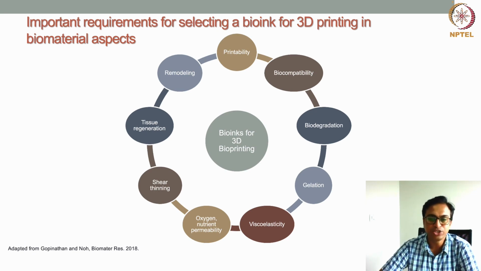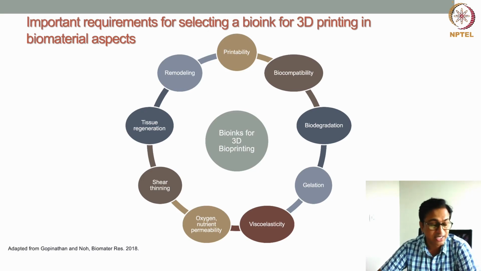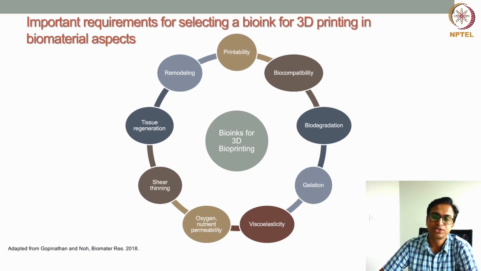That means a new tissue is growing while the printed biomaterial structure is getting degraded, and the new tissue grows in that space. That is remodeling, and it is very important for new tissue building. So biomaterials should be able to provide all these things.